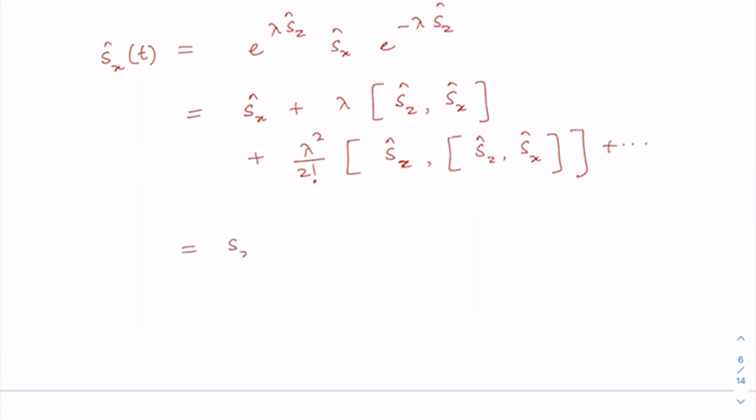If we do it, you will get Sx plus the commutation of Sz and Sx, which will give me iħλ Sy. And here you will get minus ħ²λ² by 2 factorial Sx, and so on.